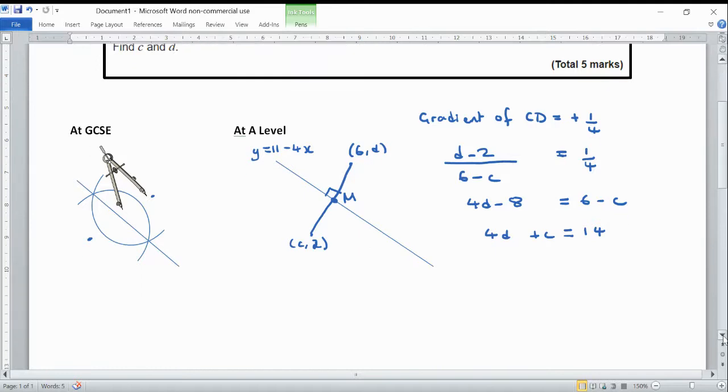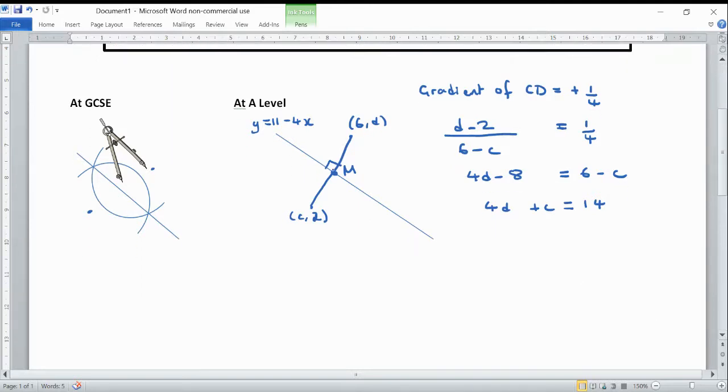Let's take another fact. We know that the midpoint, the point halfway between these two, lies on this straight line. Let's try and work out the actual coordinates of that midpoint. Well, if the midpoint is halfway between them, then the x-coordinate of the midpoint must be halfway between c and 6. So it must be c add 6 divided by 2. And the y-coordinate of the midpoint must be halfway between 2 and d.